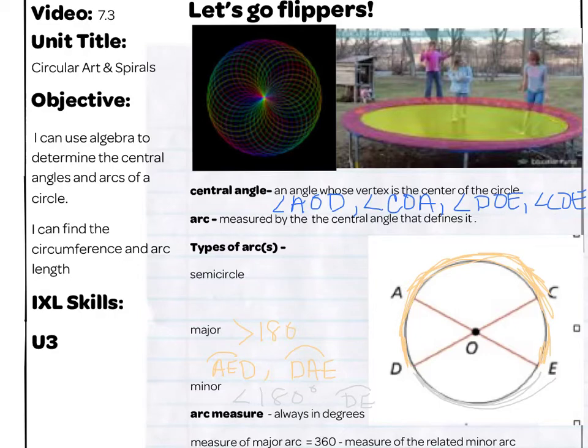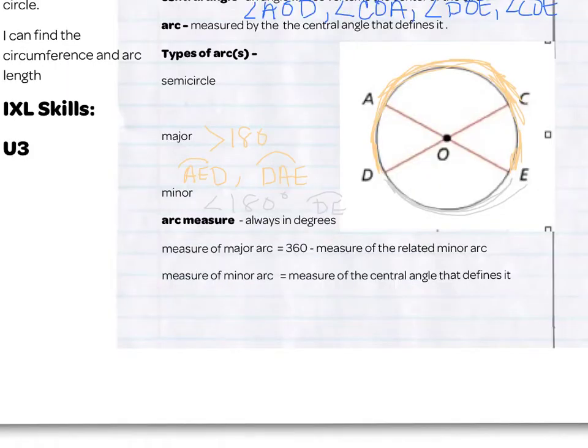All right, so let's talk about arc measure. Arc measure is always in degrees. Always. You always have a degree measure. So hey, if angle DOE is 60 degrees, the arc measure of arc DE would be 60 degrees. The measure of a major arc is going to be equal to 360 minus the measure of the related minor arc.